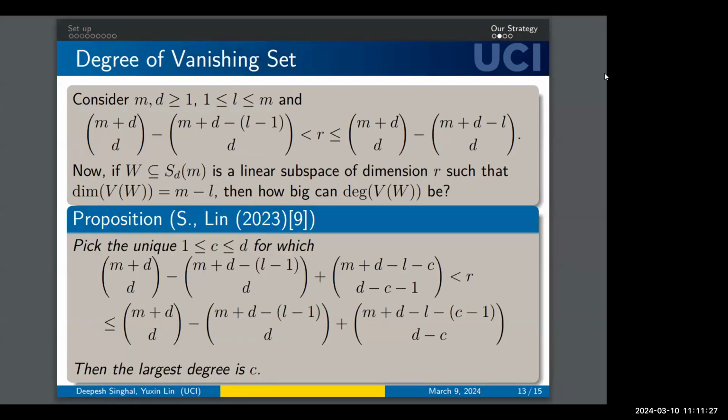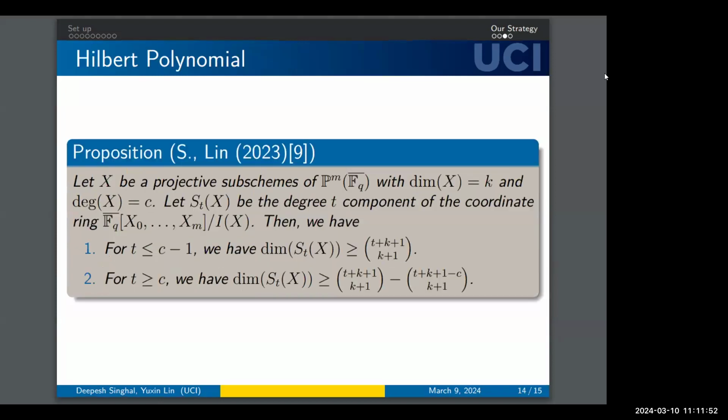And so we show that in order to get the highest degree, you have to subdivide this interval based on C. And based on which subdivision R lands in, that determines the C from 1 to D, and that's the highest degree.